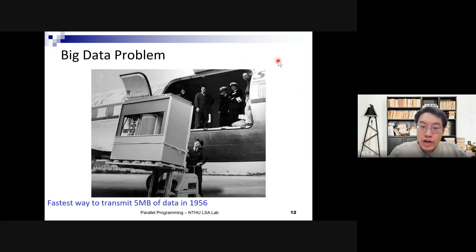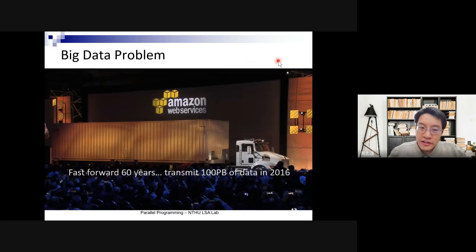But what about now, right? Today, the problem we face is, say, if you want to transmit 100 petabytes of data, how could you do that? You ship it by truck. Probably not much better than 60 years ago, right? Of course, 100 petabytes seems huge to you right now, but still, it's just some volume of data.